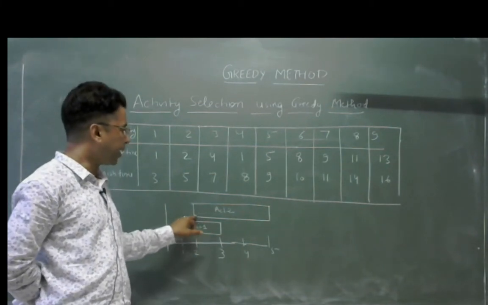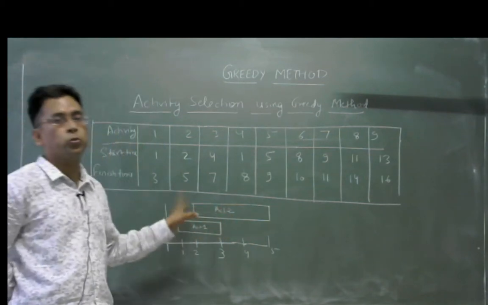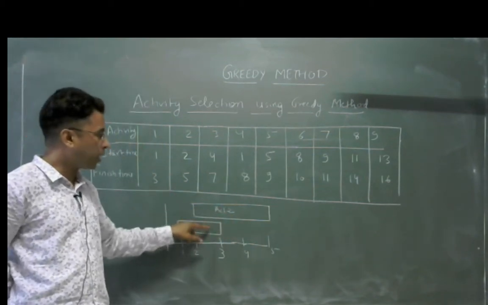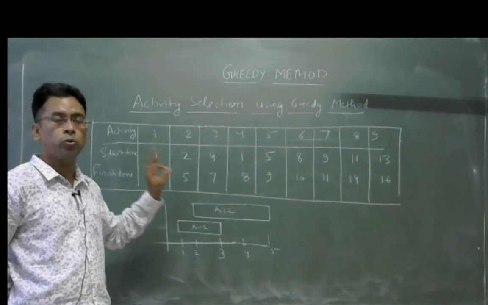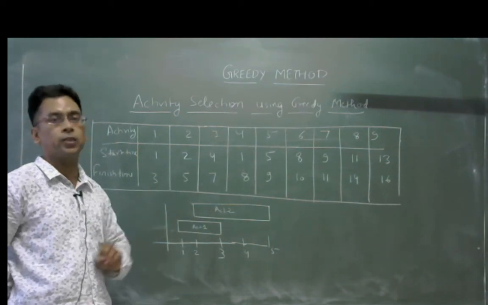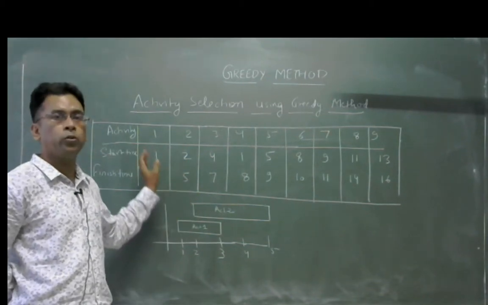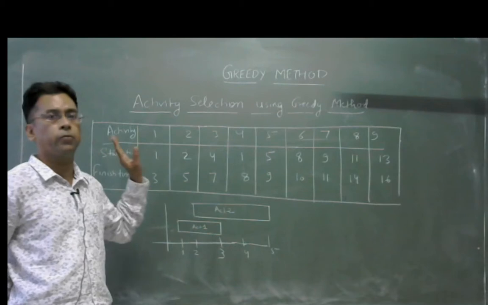But meanwhile activity 2's start time has gone, so it cannot be chosen because there is an overlap between these two activities. You cannot select two activities which overlap with each other, so you cannot opt for activity 2 when you have opted for activity 1.